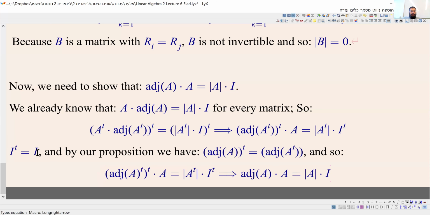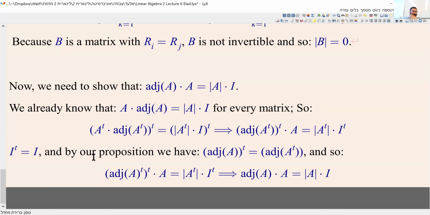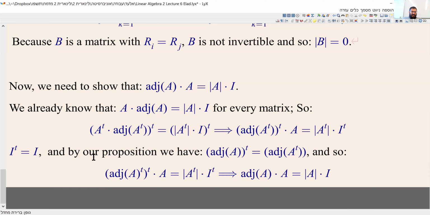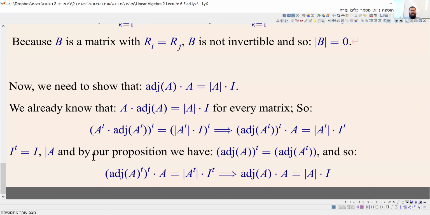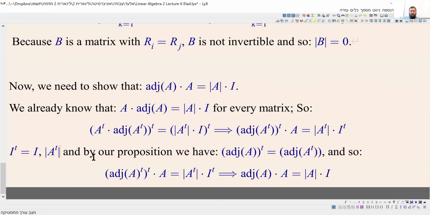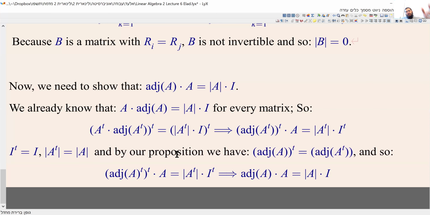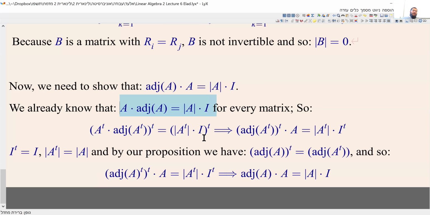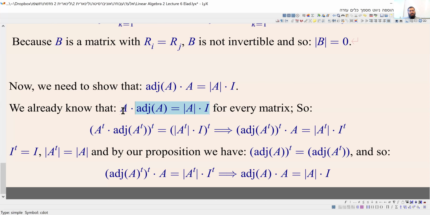Write it down explicitly. The determinant of I transpose, the I transpose itself is just I. The determinant of A transpose is the determinant of A, and so on. So when we start with what we already know, but using it on A transpose, and then we transpose both sides of the equation, we get what we want.